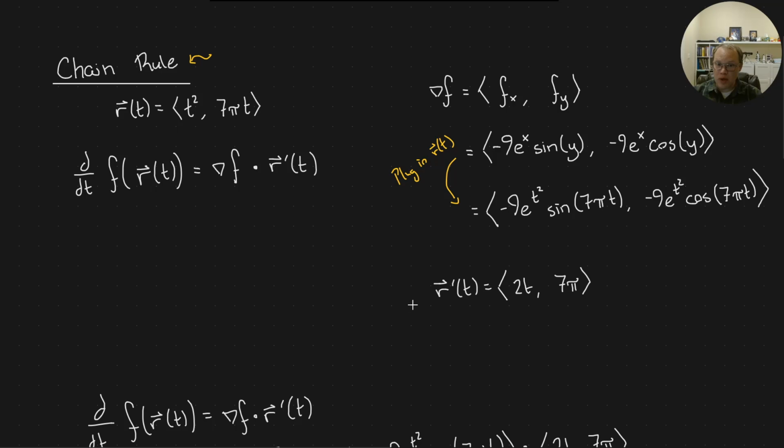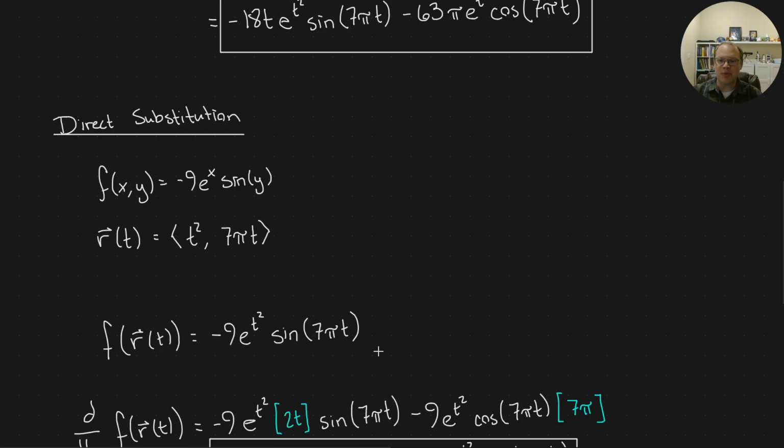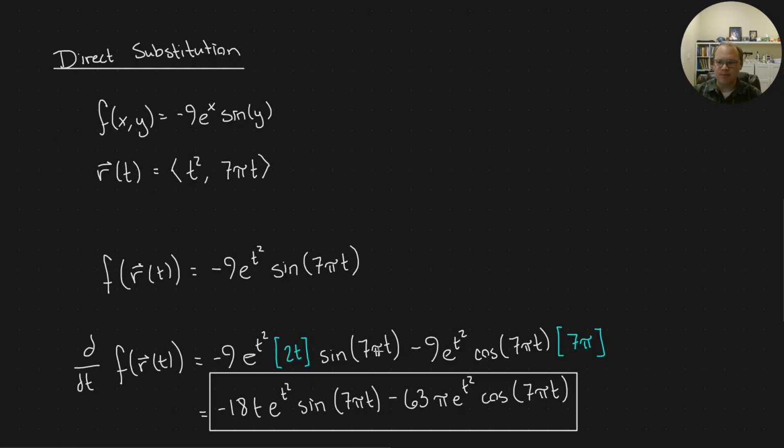It is a good way to separate the derivative of f and the derivative of r when we don't have a concrete function f or a concrete function r to work with. If we're trying to find a pattern, then the chain rule will help us do that when we have a more abstract situation, when we can't simply directly substitute.